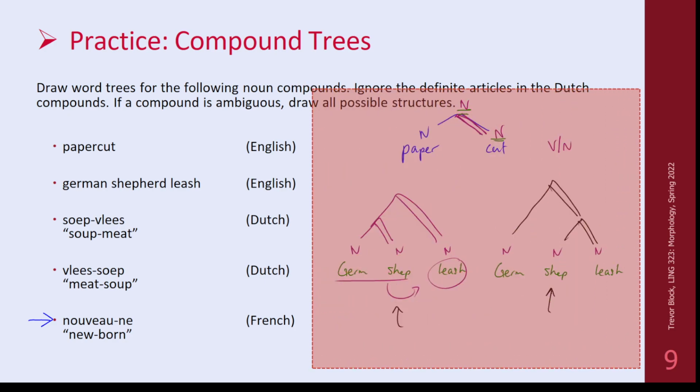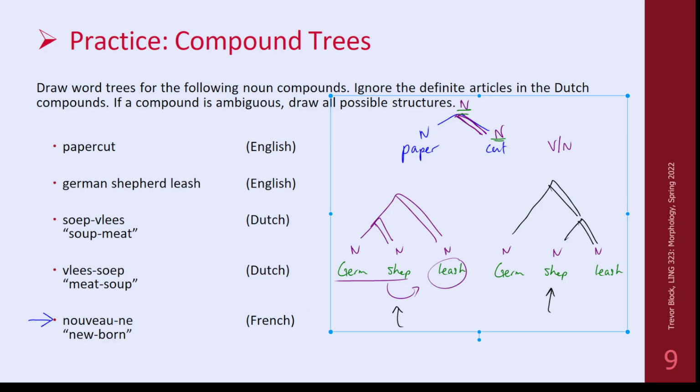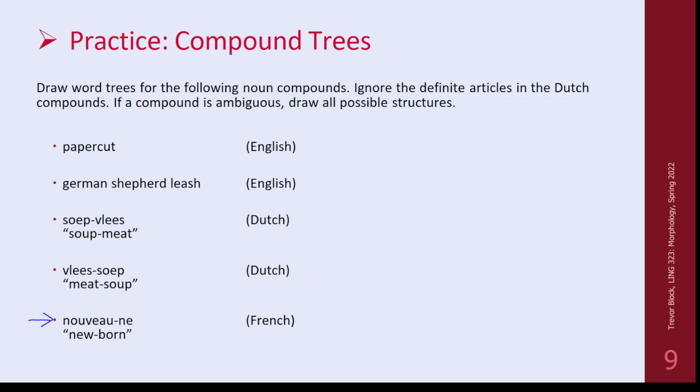Okay, with the other two, soup meat and meat soup, I did on the previous slide, but in these cases, it's just an N joining together to make an N on top. These are right-headed. Now for newborn. Here's an interesting case. So new is, in English, of course, an adjective.